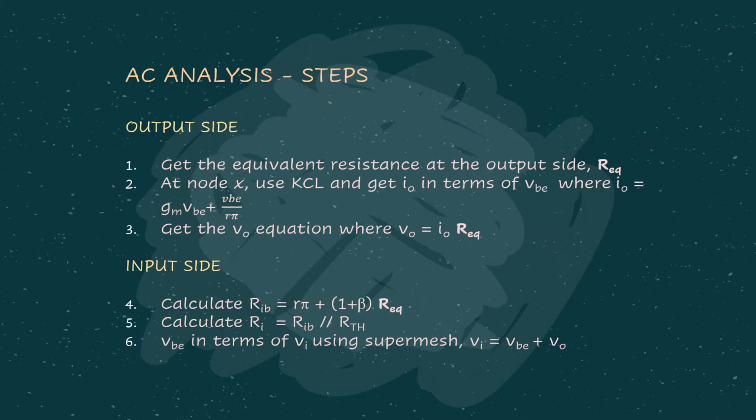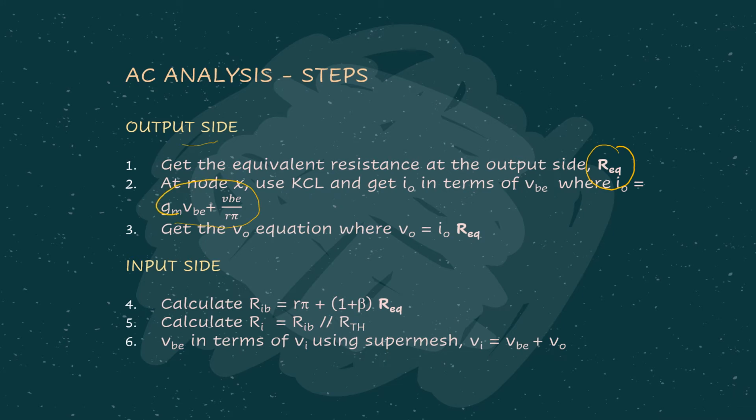Here basically are the steps that we can take to do the AC analysis, where we always start with the output side, where we start by finding the equivalent resistance at the output side, Req. Then later we can get I0 in terms of VBE, which is given by this. I will show you why.